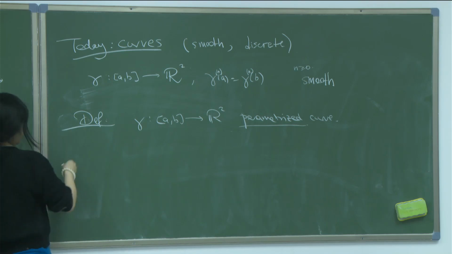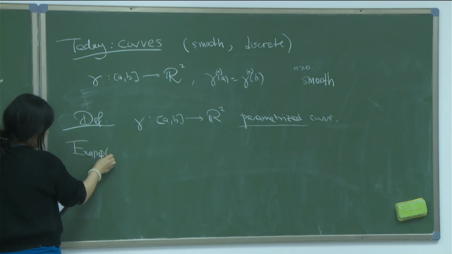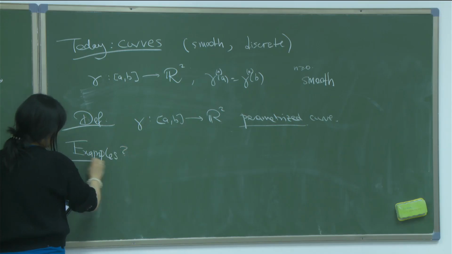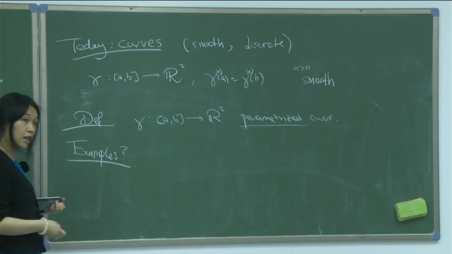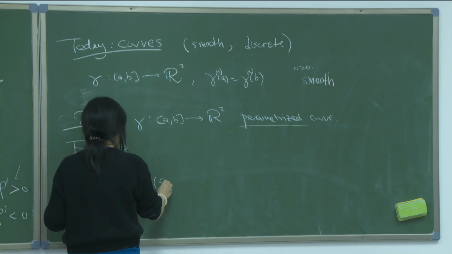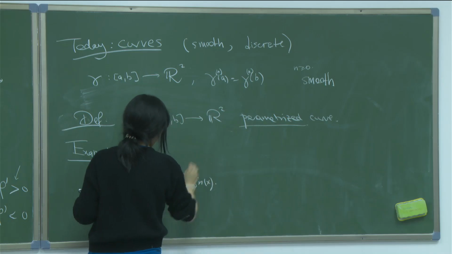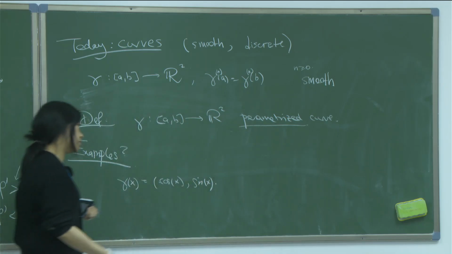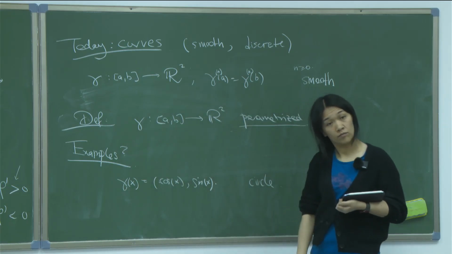Now, what are examples of parametrized curves? Oh, there are many. For example, a circle. Yeah, sure. x equals sine t, y equals cosine t. Yes. So gamma of x is cosine x, sine x. That would give me my circle.